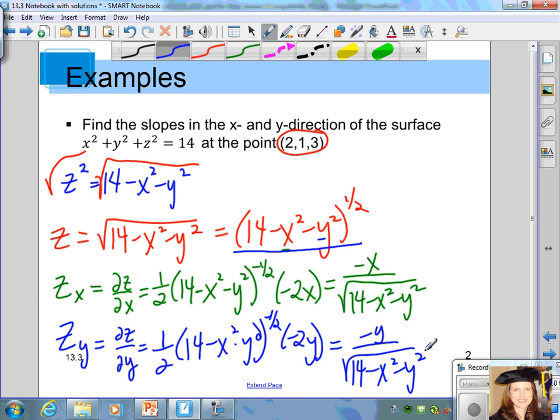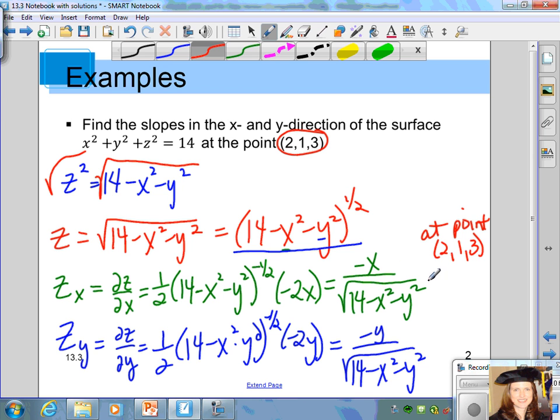So to find the slopes in the x and the y direction, we're going to evaluate these partial derivatives at the point (2, 1, 3). So at the point (2, 1, 3), we're plugging in 2 for x and 1 for y.